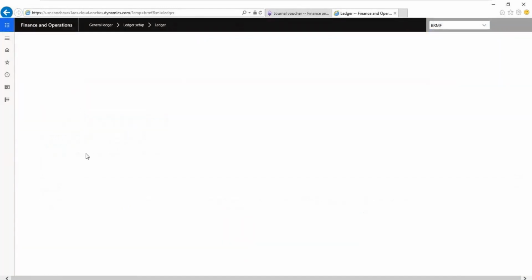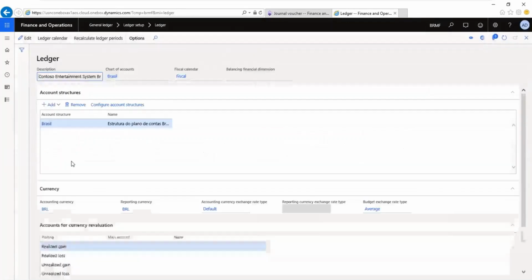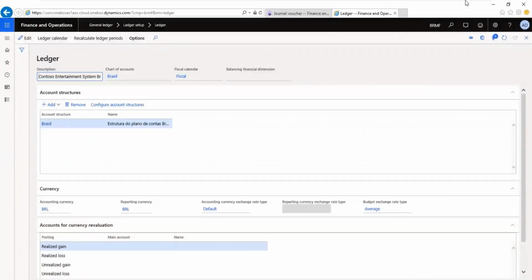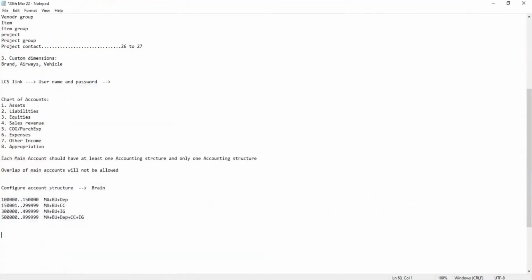My question is, if I want to charge to another legal entity or company in the accounting structure, is it allowed? Suppose you are doing some intercompany between USMF and RUMF, the Russia company. The transactions related to the USMF company will be validated against the ledger and account structure there, and in RUMF, whatever account structure is there will validate.